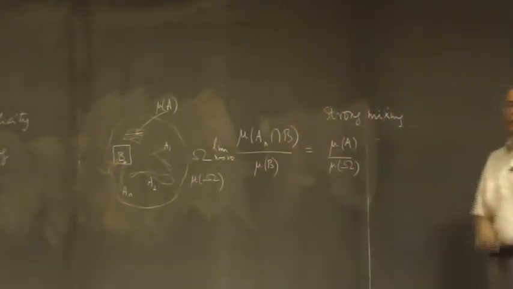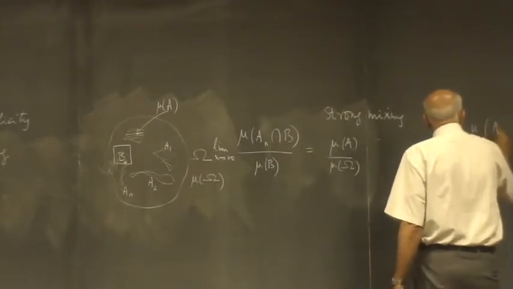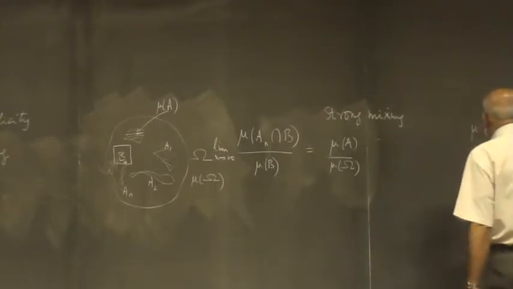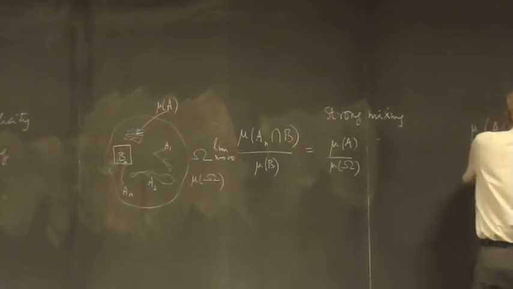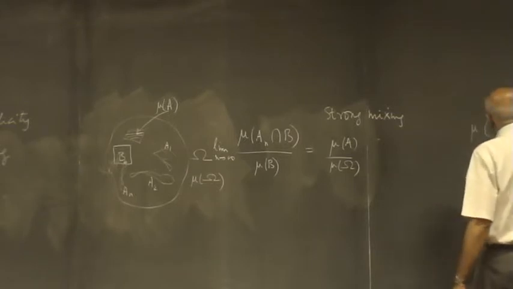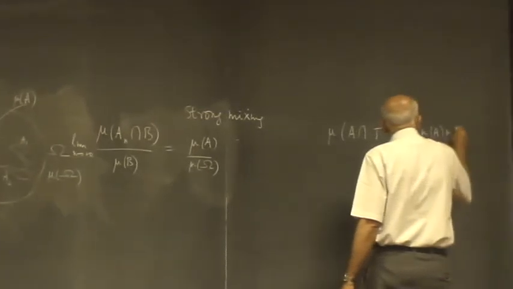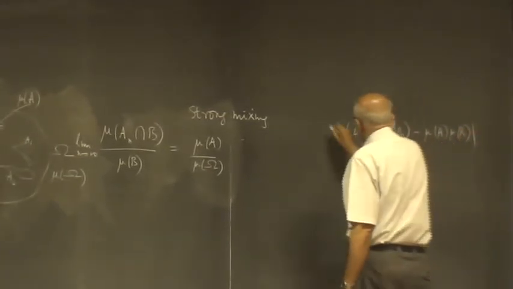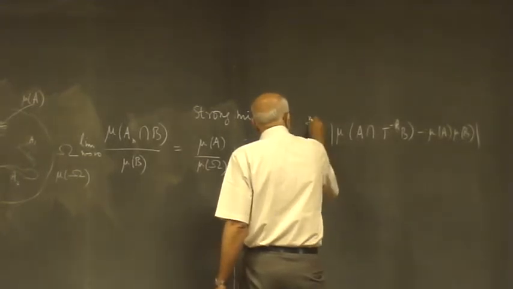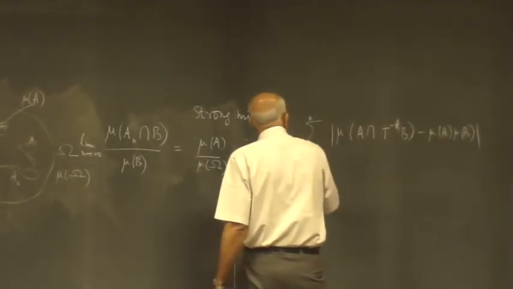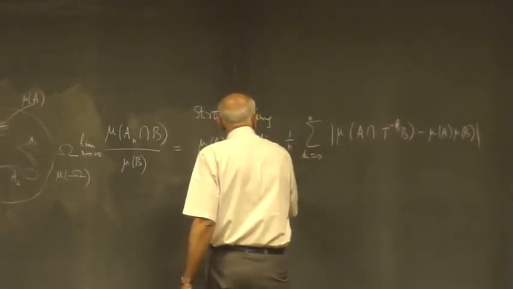A form of weak mixing would be to say, all right, take the measure mu of A intersection the time evolution operator run backwards, T to the n, K with B, subtract from it the measure of A times the measure of B, take the modulus of it, and take the Cesaro sum of this, which is K equal to 0 to n, 1 over n, and take the limit of it as n tends to infinity.